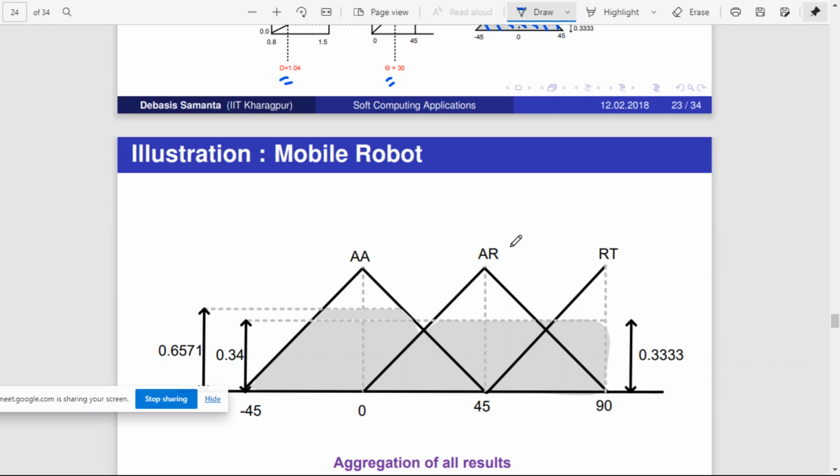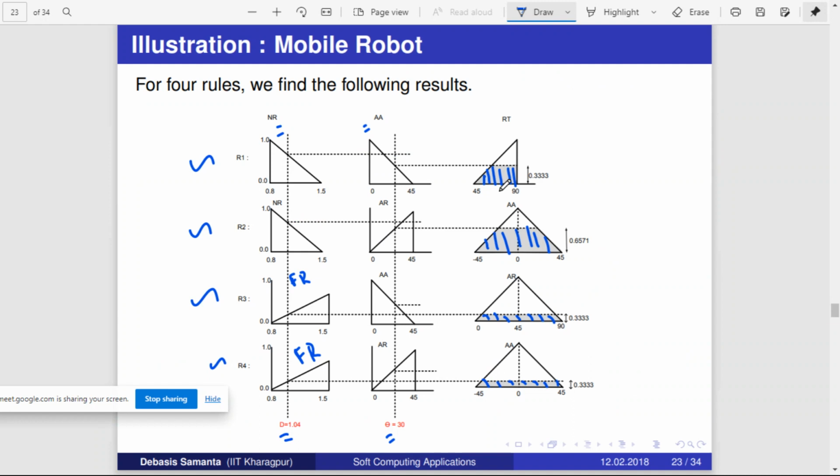The center of sum method is nothing but, see, everything can be considered as a trapezoid. So this is one trapezoid, this is one trapezoid, this is one trapezoid. We can find the area of each trapezoid, and take the midpoint.